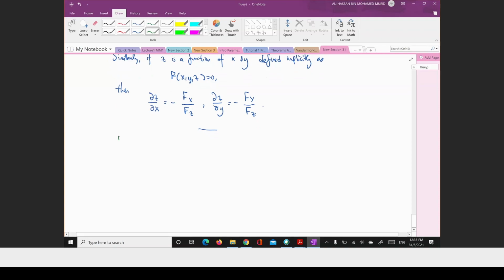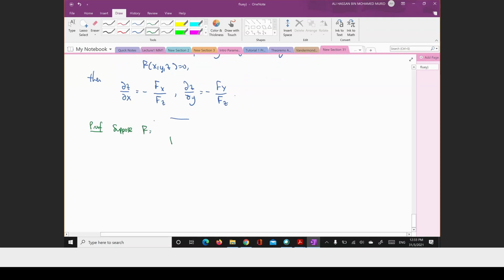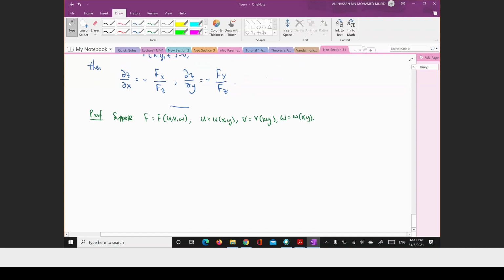Recall, here is the proof. Suppose f is a function of u, v, and w, where u is a function u(x, y), v is a function v(x, y), and similarly w is a function of x and y. So f as a whole is a function of x and y, right?